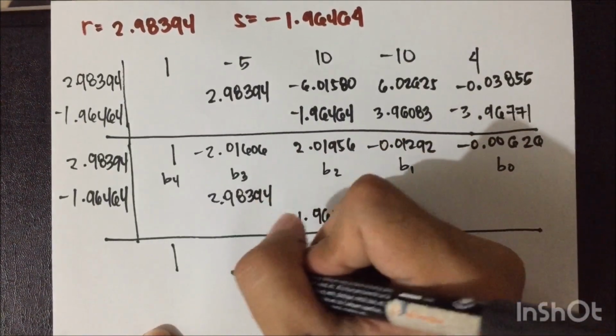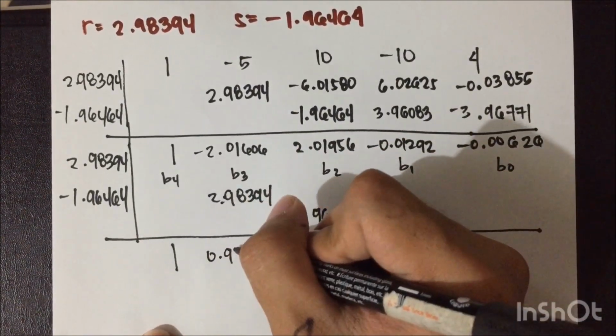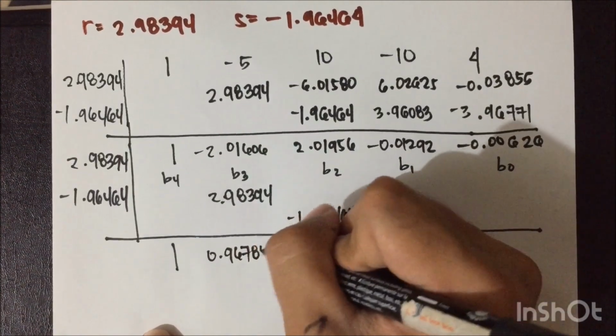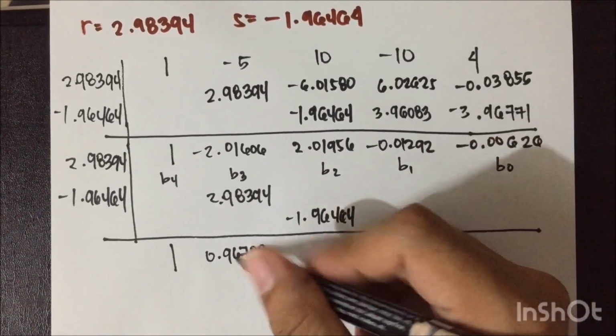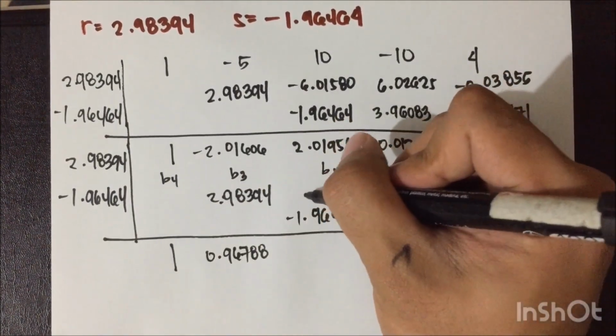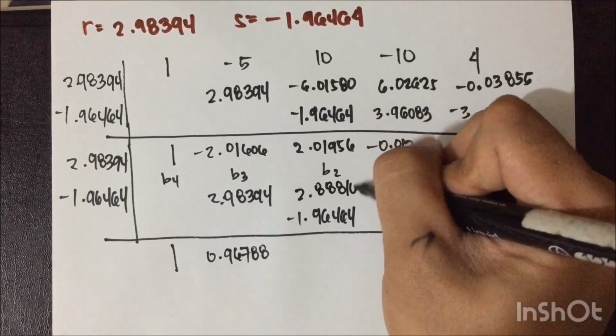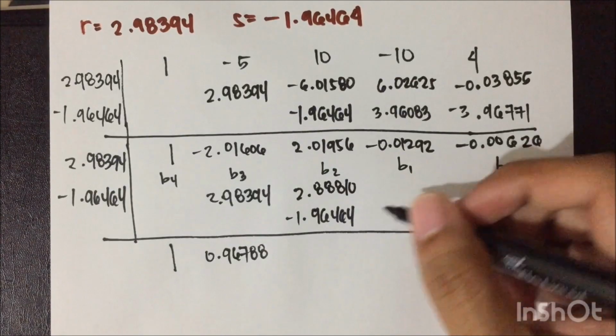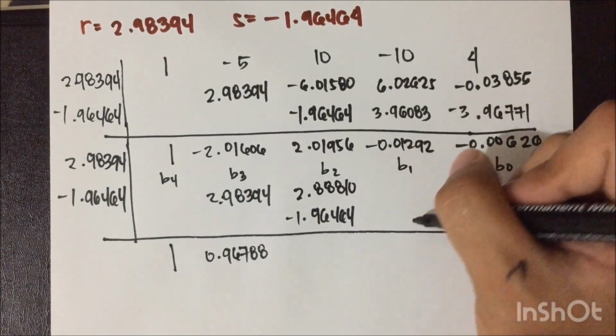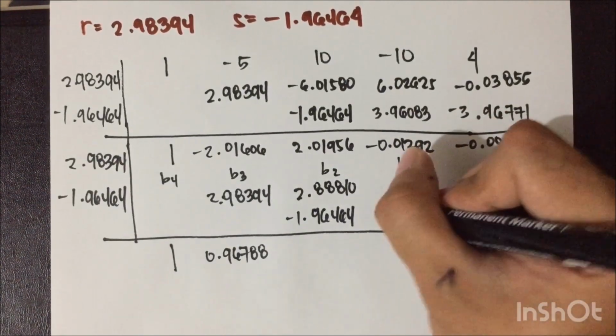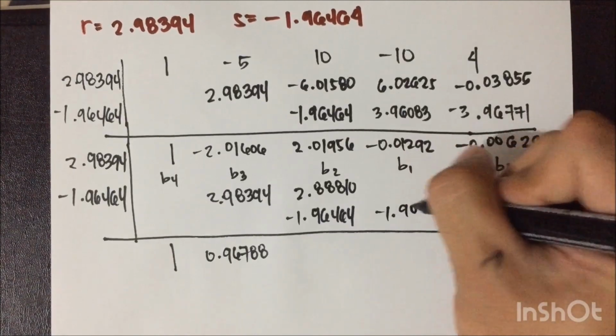So the sum of this is 0.96788 times the value of R, we have 2.88810 times the value of S, we have negative 1.90154.